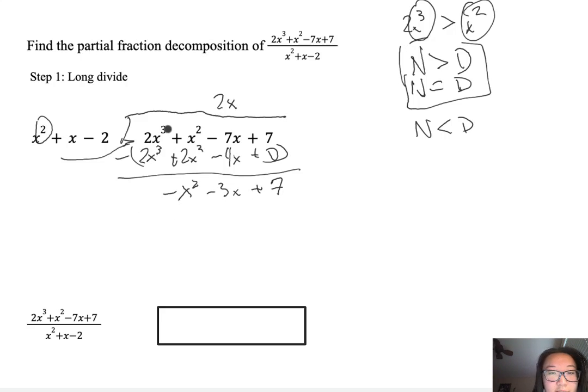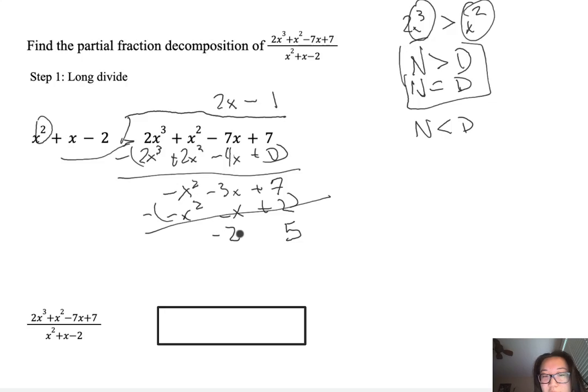And then we're going to find a way to get x squared to equal negative x squared. So we multiply everything by negative 1, and we should get negative x squared minus x plus 2. Then we subtract everything. So this becomes 5, and this becomes negative 2x.